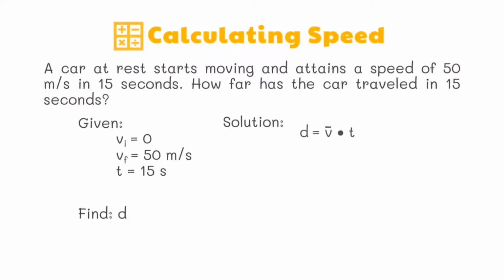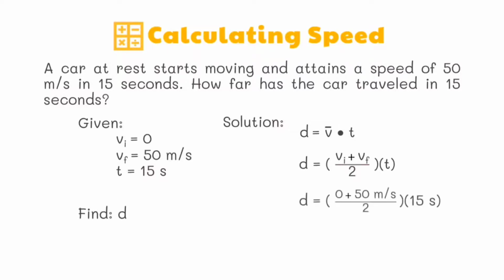But this time, we have an initial and final speed. We can simply get the average speed by adding the initial plus final speed divided by 2, then times its time. So 0 plus 50 meters per second divided by 2 is 25 meters per second, times 15 seconds.